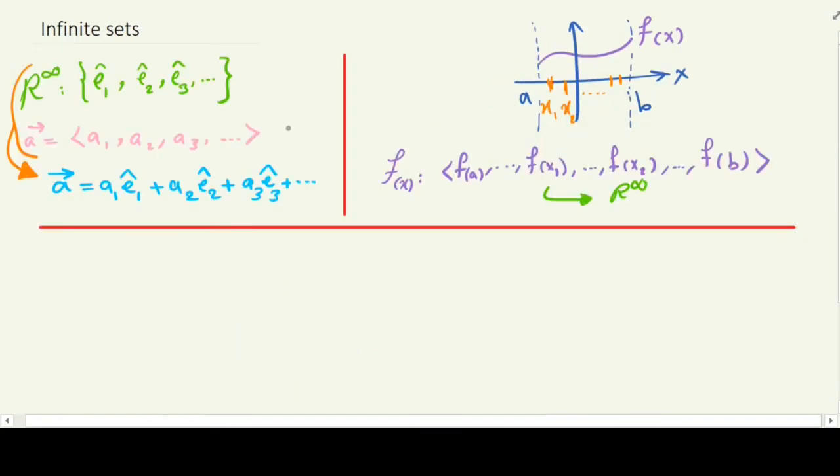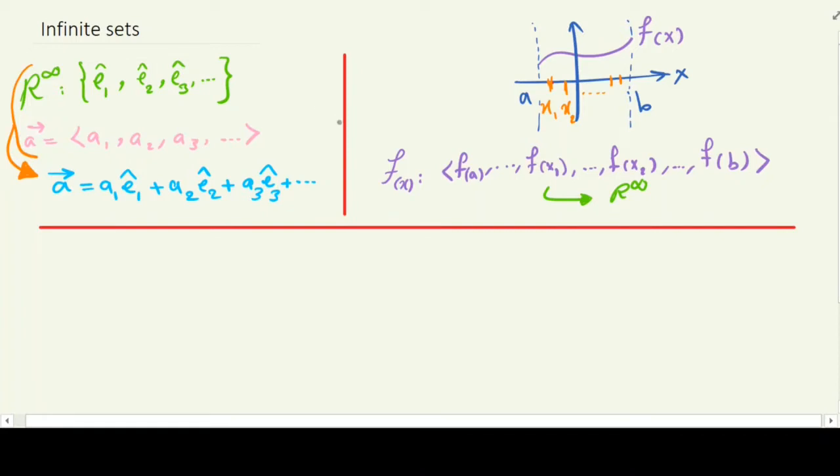So now let's step back and see what we have so far. From the vectors context, if you have an infinite dimensional space, you need to have an infinite set of orthogonal vectors, and that infinite set will allow you to generate any arbitrary vector in that infinite dimensional space, right?